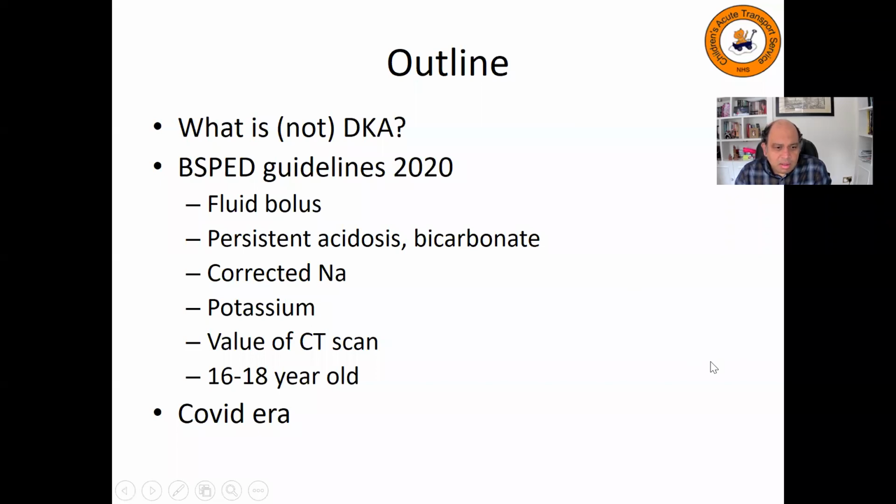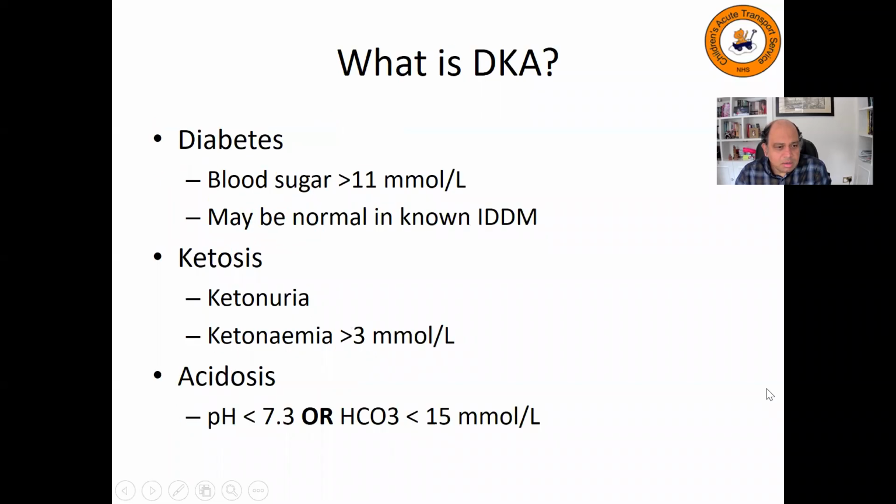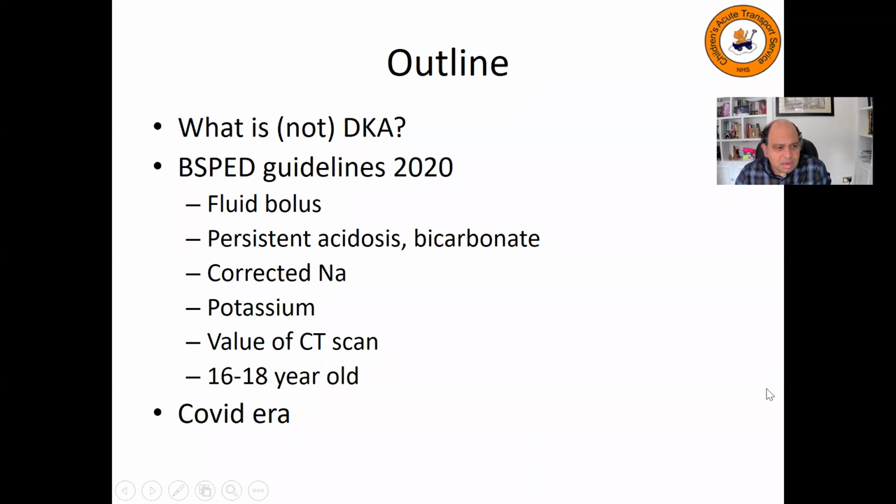And then that old chestnut about the 16 to 18-year-old patient who doesn't neatly fit into our kind of standard referral pathways, but also can sometimes be on the obese side, and therefore the weight calculations can be difficult. So that's the sort of outline. There's a little bit at the end about COVID era and DKA, which, as you know, there's been lots of discussion about. So we'll cover some of those aspects as well. Thanks, Linda.